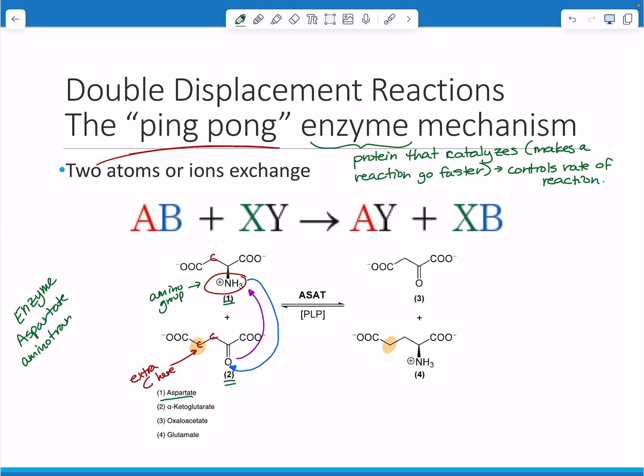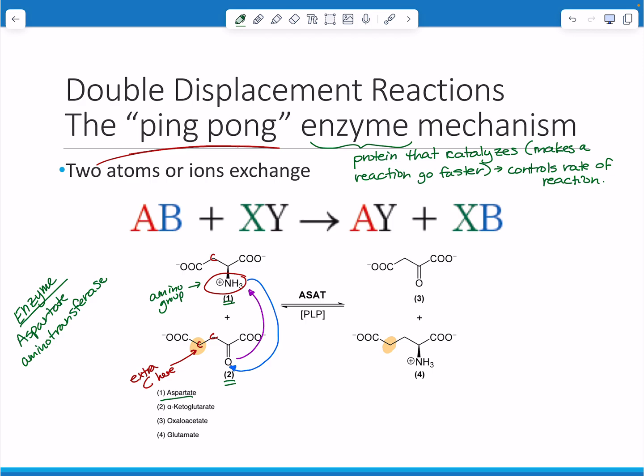If you study biology or biochemistry, and you study enzymes, you'll know that they're typically named by the reaction that they catalyze, that they help go faster. So this is telling you that this enzyme helps transfer an amino group from aspartate. In this case, we have a swapping of two groups.